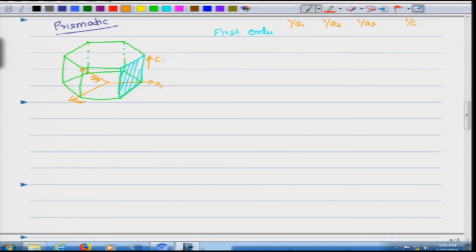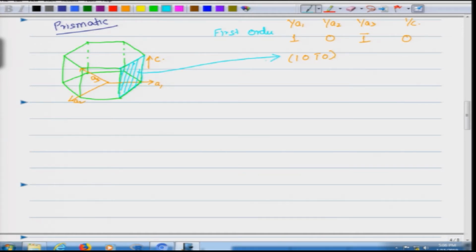So, A1 it is intersecting at 1. So, the reciprocal of this is 1. A2 it is parallel to that. So, this becomes infinity, therefore, 1 over infinity is 0. So, now we have 1 0. So, this becomes bar 1. Now, this one is again parallel to C, therefore, it is infinity, 1 over infinity is 0. Therefore, this plane that we are talking about is 1 0 bar 1 0.